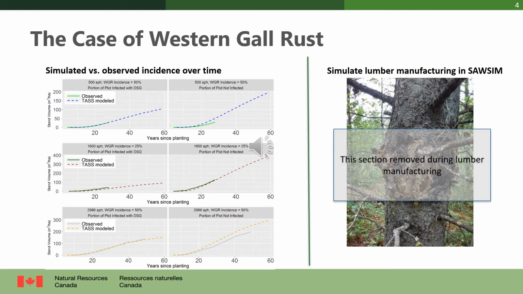So an equation was added to SawSim, which predicts the location of these large galls along the stem. SawSim is then instructed to remove a 12 centimeter section around the gall before transforming the log into lumber. And this is somewhat depicted in the figure on the right.